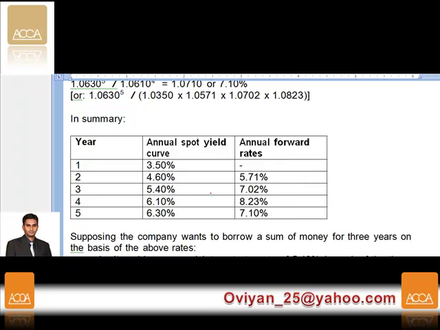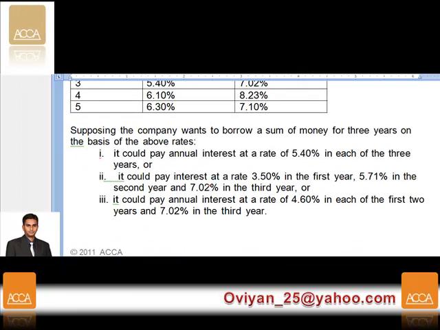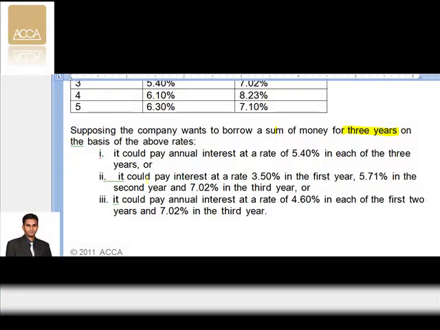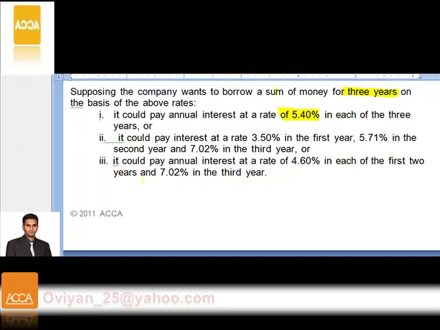Okay? Now, so come to the conclusion. Supposing the company wants to borrow a sum of money for 3 years. So if you want to borrow for 3 years, you have 3 choices actually. First, you can just take 5.4 for 3 years.